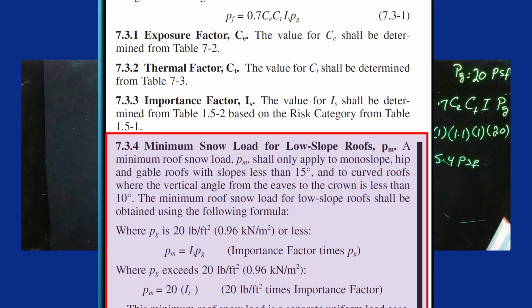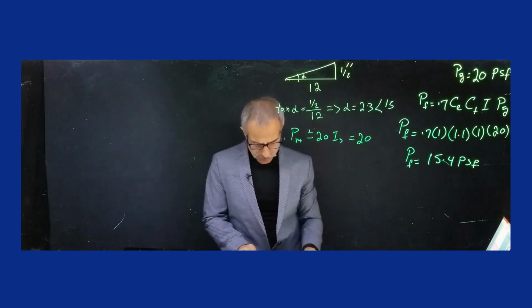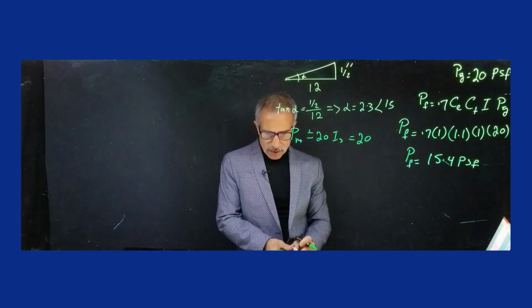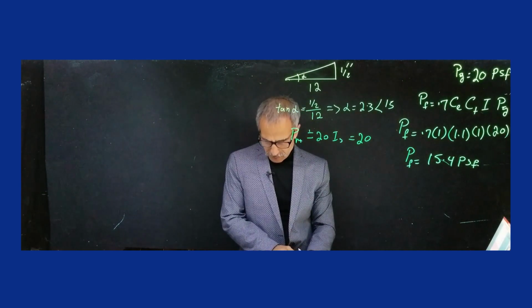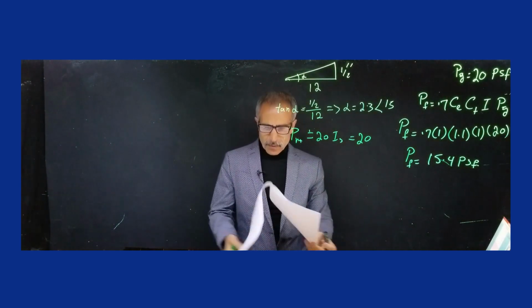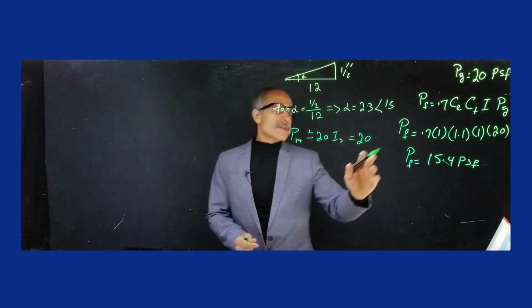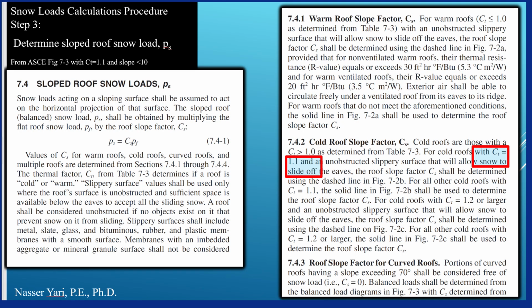And it's got to be PM, which is equal to 20 times IS. 20 times IS, and IS came out to 1, and therefore that comes out to 20. So that was step number 2. Okay. Step 1, step 2. Let's go to step number 3.